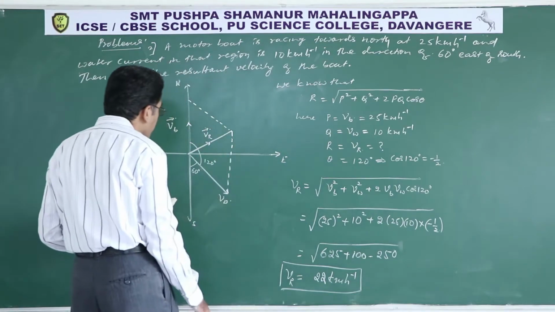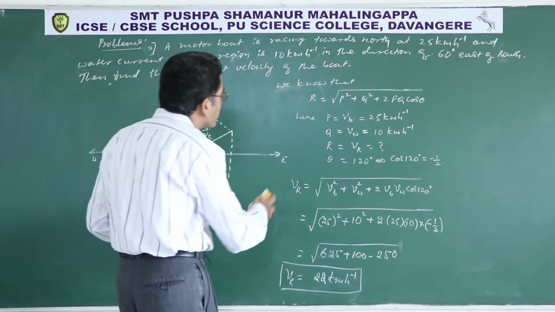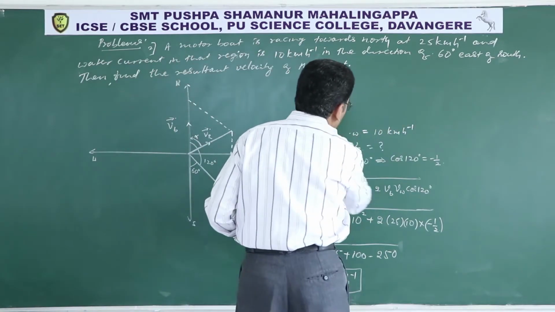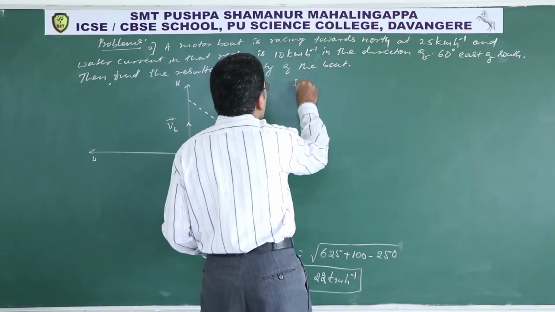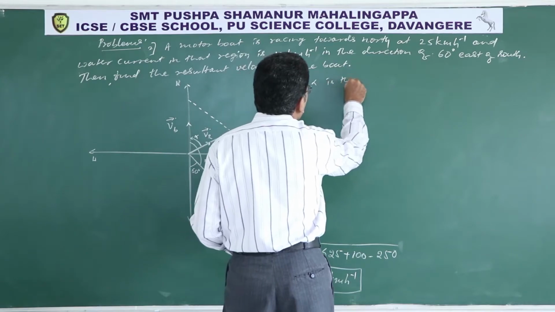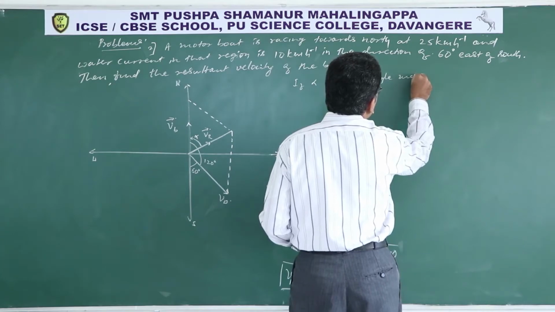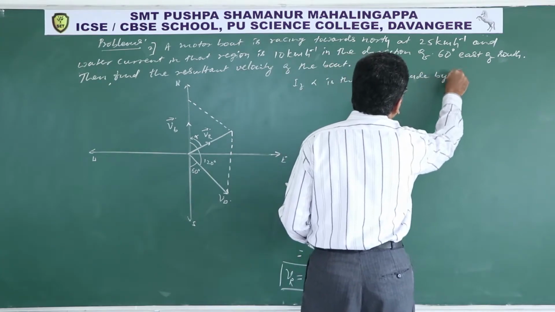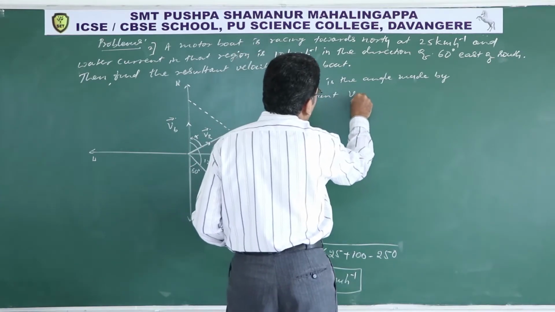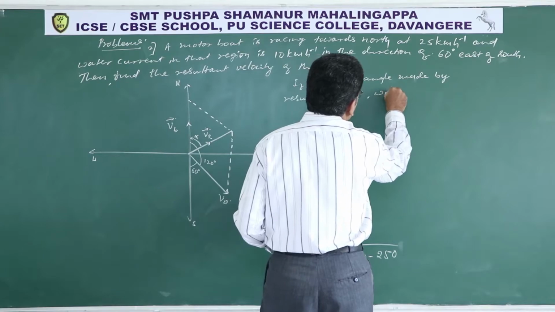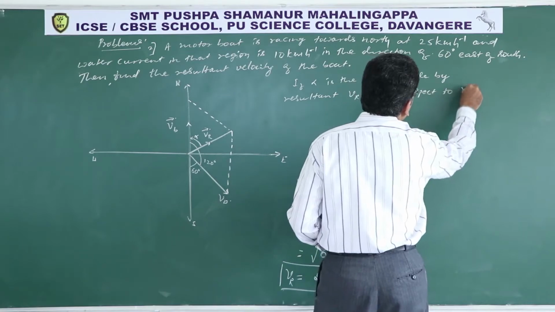Suppose alpha is the angle made by the resultant VR with respect to VB.